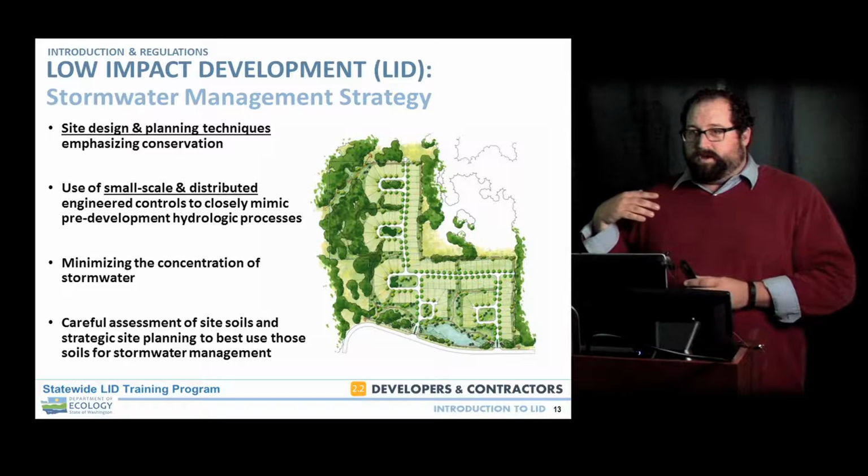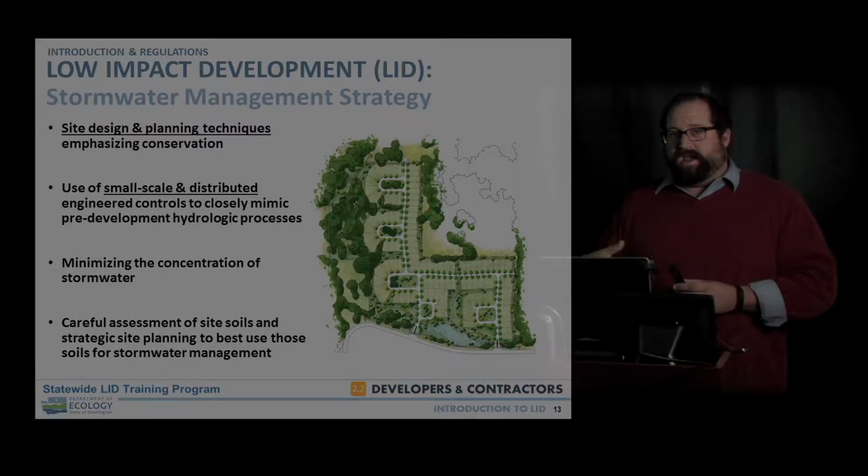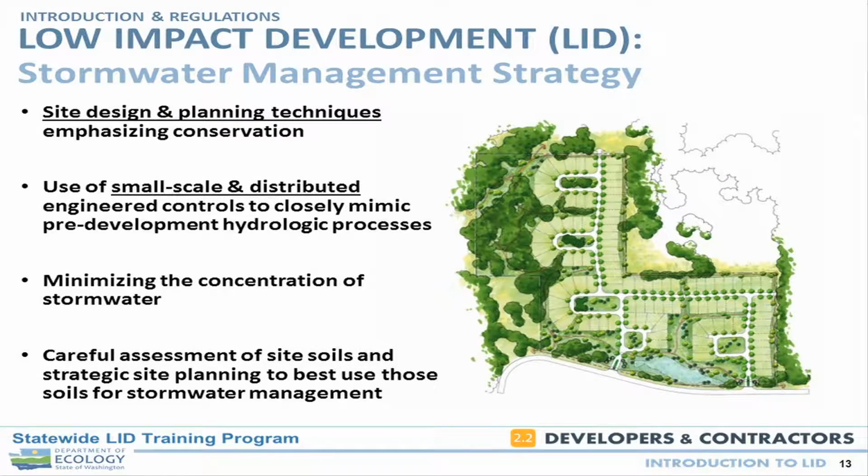And then a key part of this is the fact that we need to really look closely at the site and what the site's telling us in terms of hydrology, soils, adjacent ecology, not just going in and wiping the slate clean and building whatever we want, but really responding to the existing conditions.